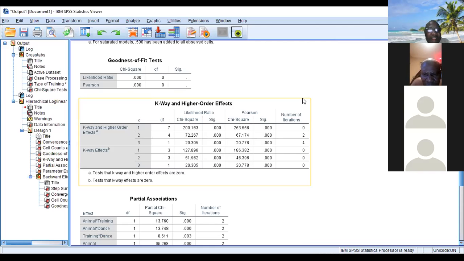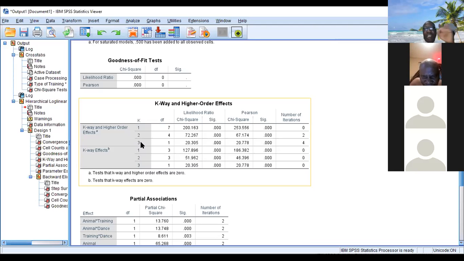What is higher order effect? K-way effects: 1, 2, 3. One is the main effect, 2 is the interaction effect of 2, and 3 is the interaction effect of the 3.